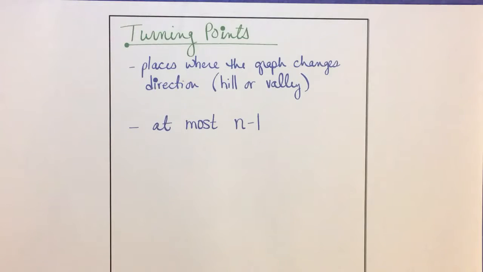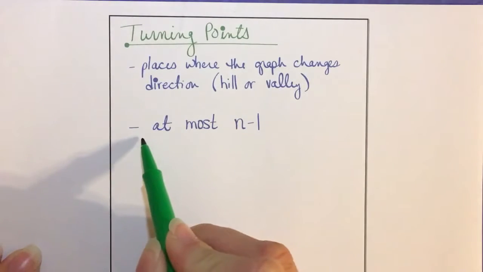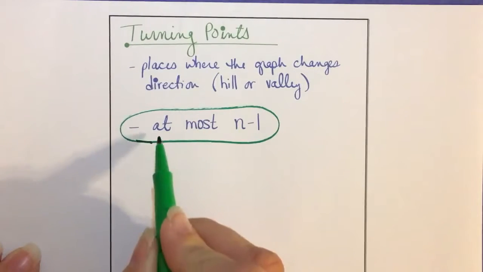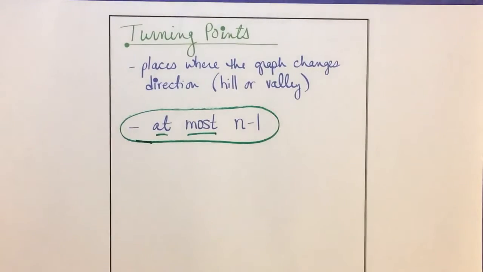Now, your formula that you're going to use that will help you determine turning points is going to be at most n minus 1. Now, the words at most is very important because it's not always exactly n minus 1. Okay, it's just that's the most it can have.